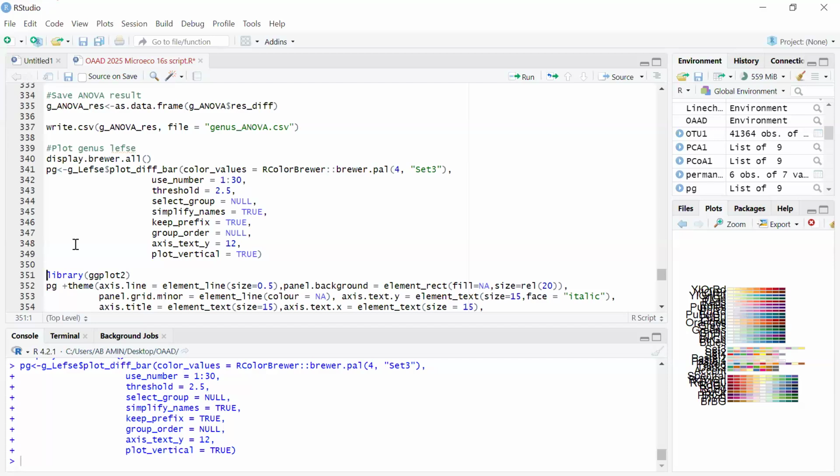So LEfSe, ANCOM, we have lots of them that were specifically designed for microbial data sets. Okay, thank you so much for the explanation.